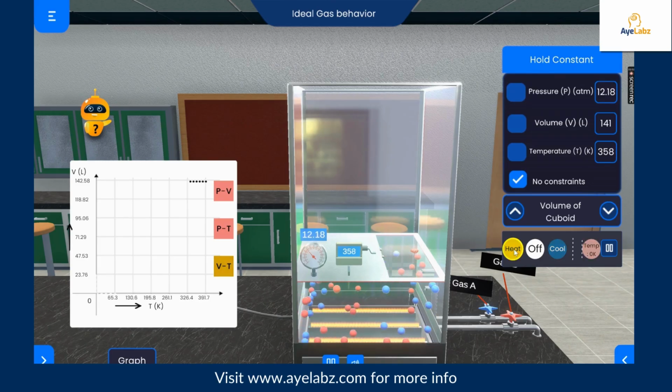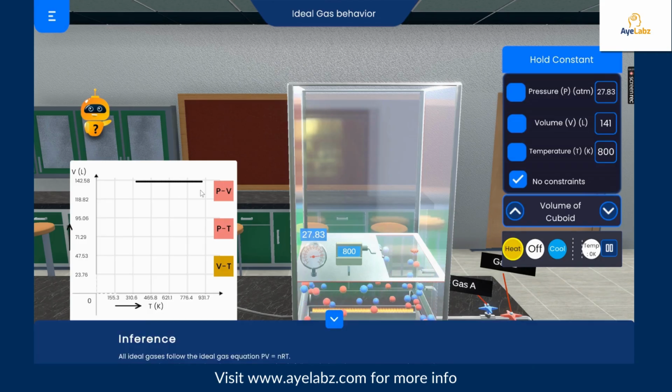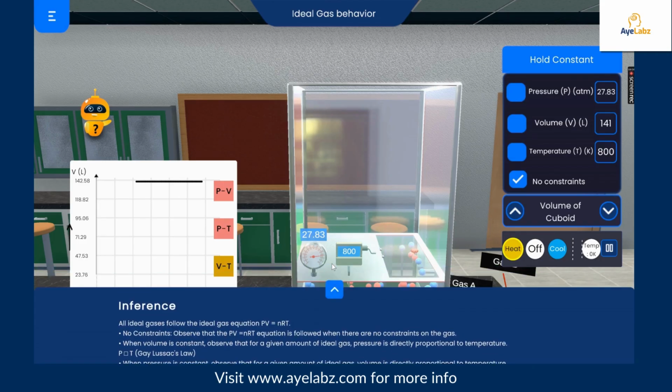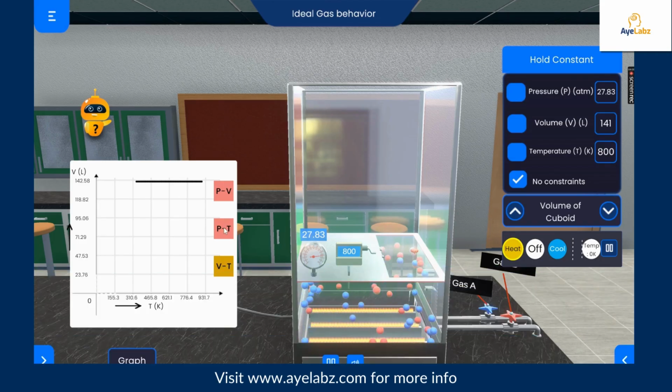I'm heating the container. As you can see, this is how the temperature versus volume curve looks. Similarly, pressure versus temperature and volume versus temperature change accordingly.